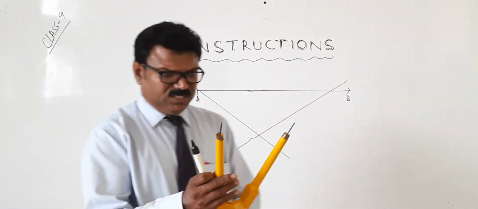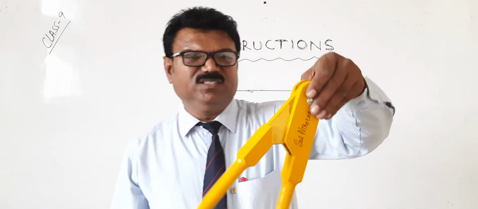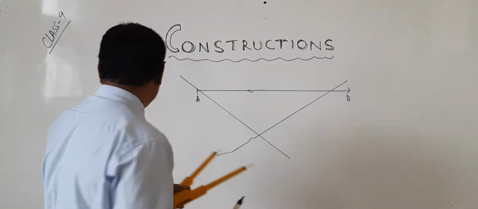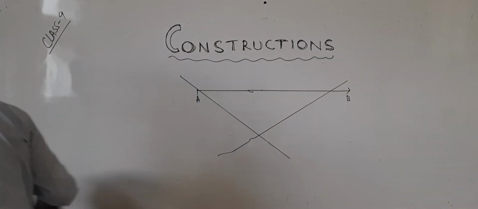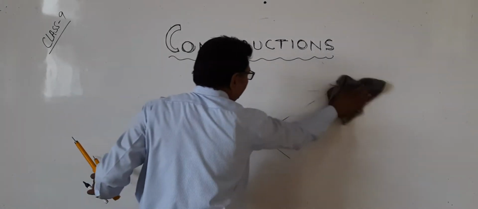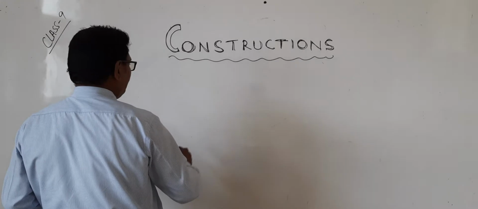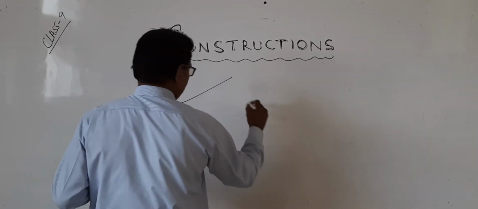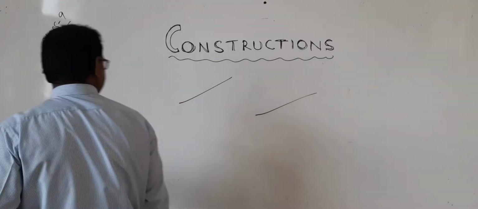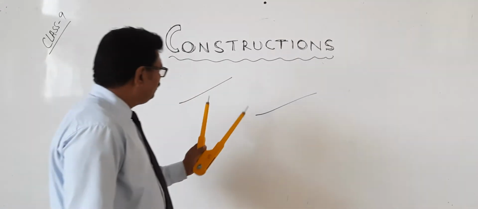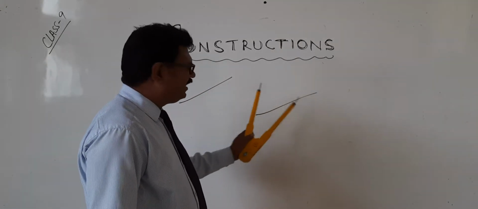Another important one is this divider. I showed you a divider. See, for example, when this will be useful: you should know whether this line is greater or this line is greater.